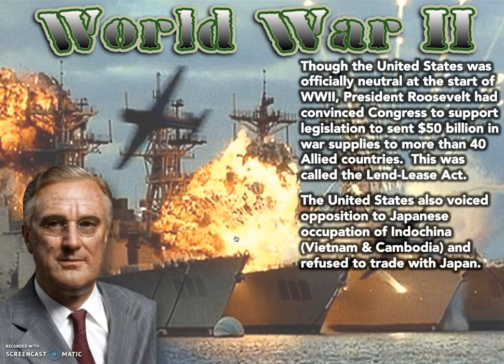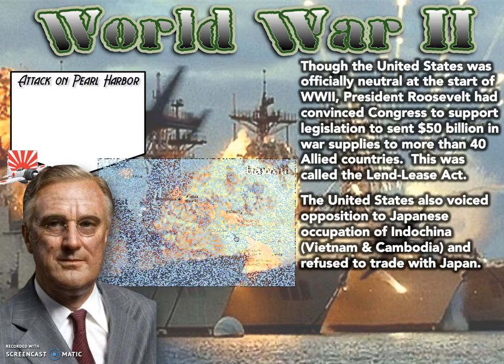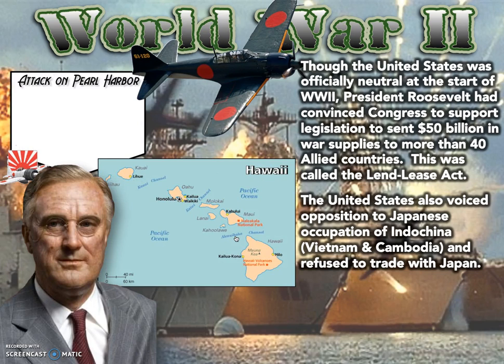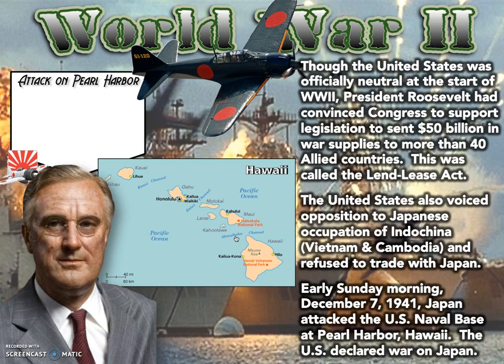The United States also voiced opposition to Japanese occupation of Indochina, which was in Vietnam and Cambodia. We refused to trade with Japan because we didn't agree with their hostility and their use of force in their region. Because of that, early Sunday morning, December 7th, 1941, Japan attacked the United States naval base at Pearl Harbor, Hawaii.